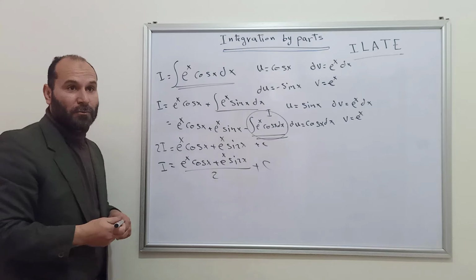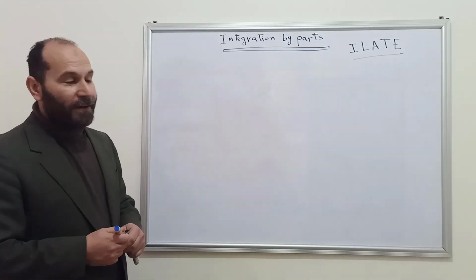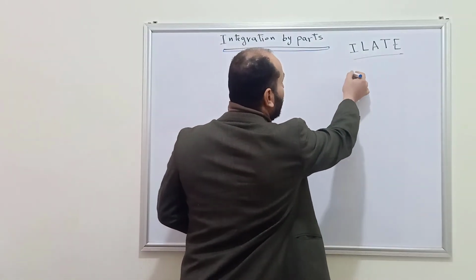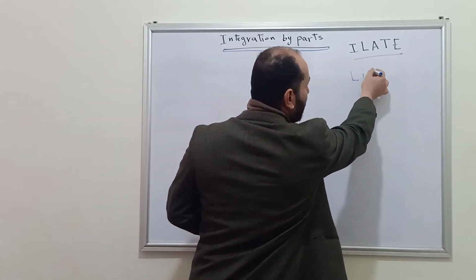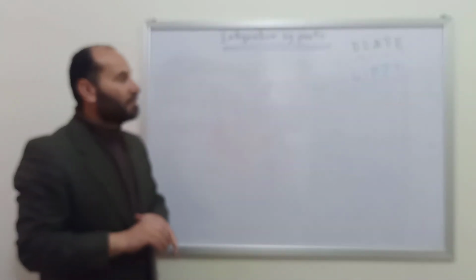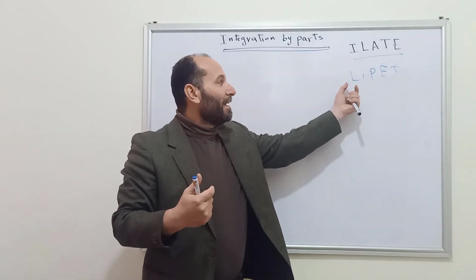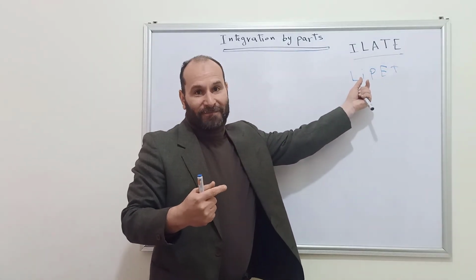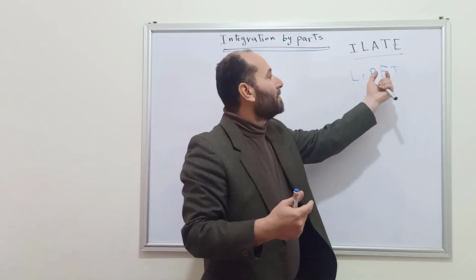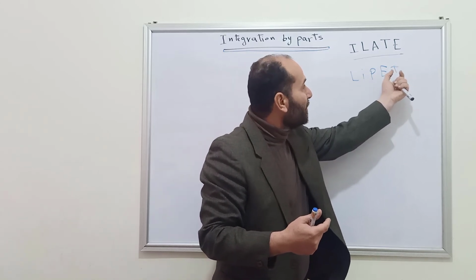In some references, you can find this rule, this word, LIBET. This means we take u logarithmic initially, inverse trigonometric secondary, and polynomial and exponential before trigonometric.